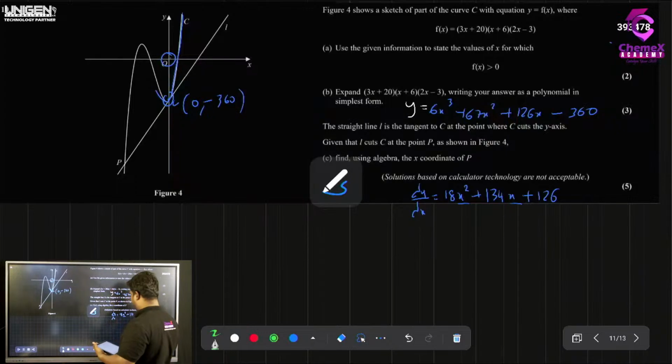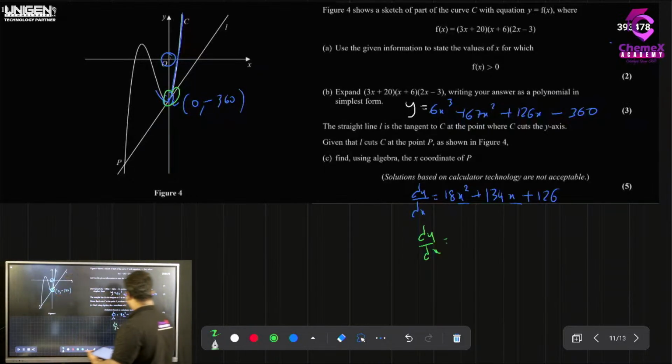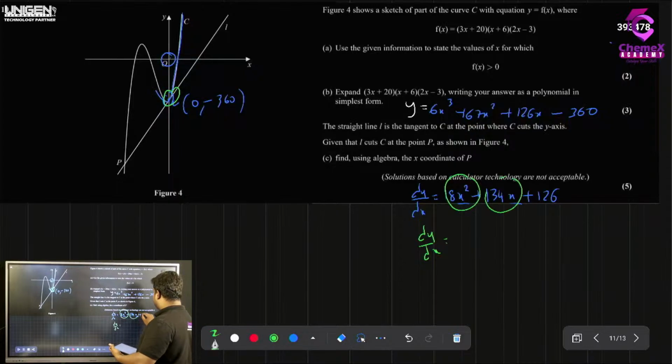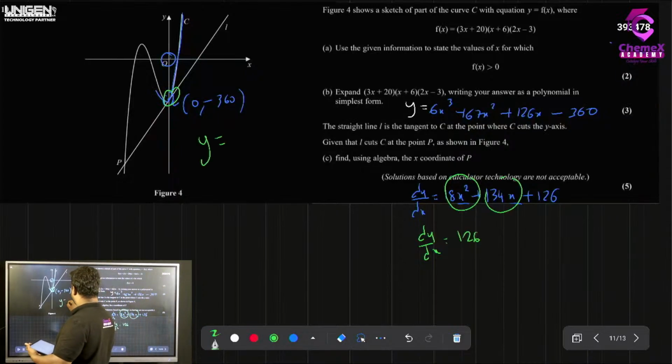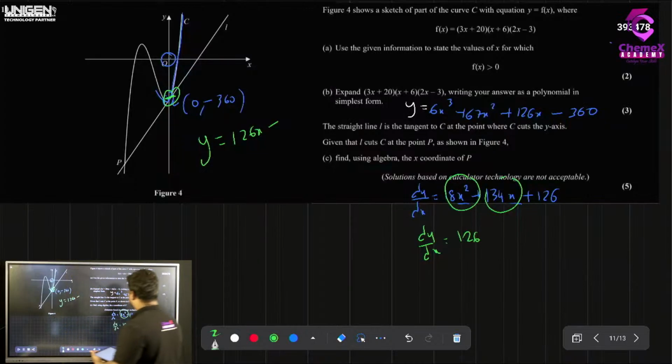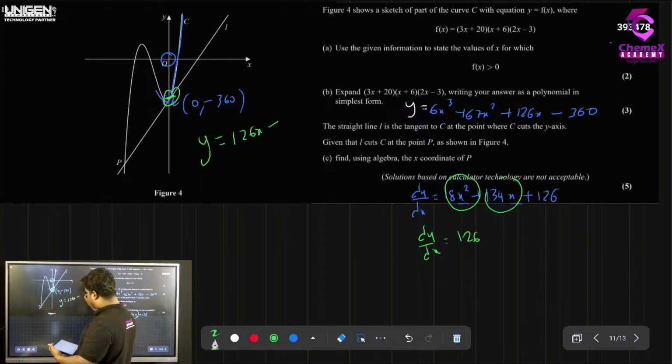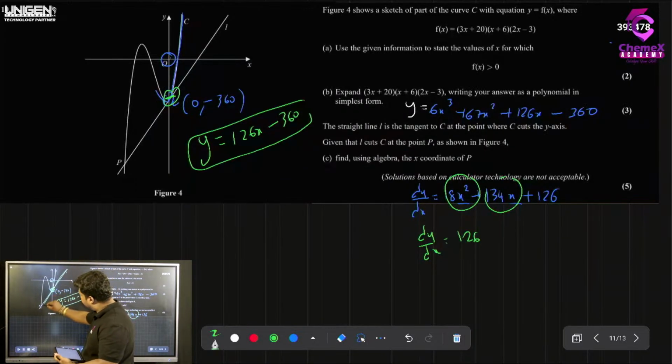Yeah, it's 360. So when x is 0, what is dy over dx? Because it cuts at that place. 18, this becomes 0, this becomes 0, 126. So you can write y equals 126x minus, what's this place? You have to find it from the curve. So from the curve, we got minus 360, right? So you can write 360. So that's L's equation.